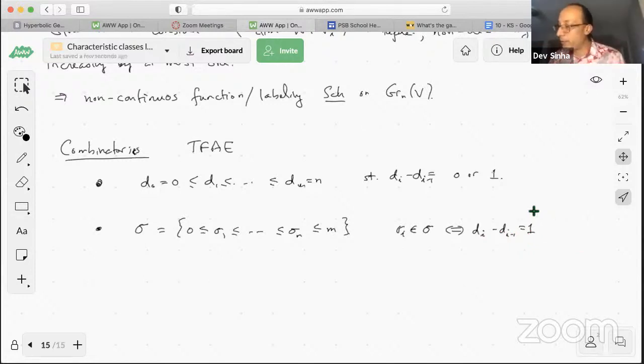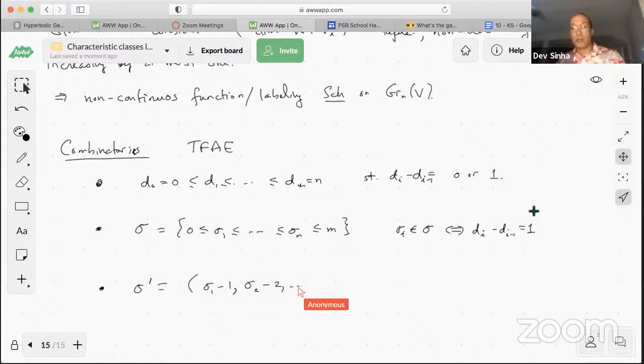The other thing I could do is notice that these jumps have to happen at least after i, so sigma_i has to be at least i. So what I can do is I can also consider the n-tuples sigma_1 minus 1, sigma_2 minus 2.